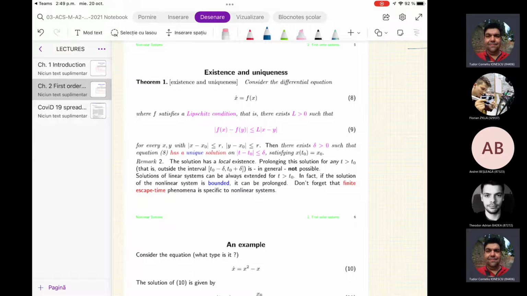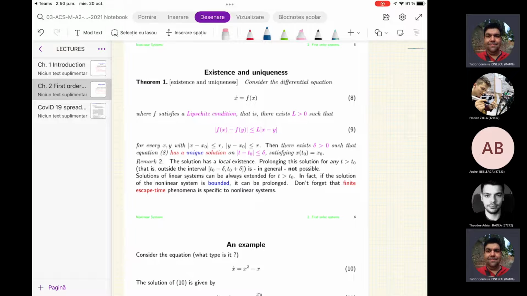So having the differential equation x dot is f(x), defined by 8, where f is satisfying a so-called Lipschitz condition, so there exists an L such that the distance between any points is upper bounded by this constant times the distance between the points where this function is evaluated, in some sort of neighborhood of x naught of radius r.